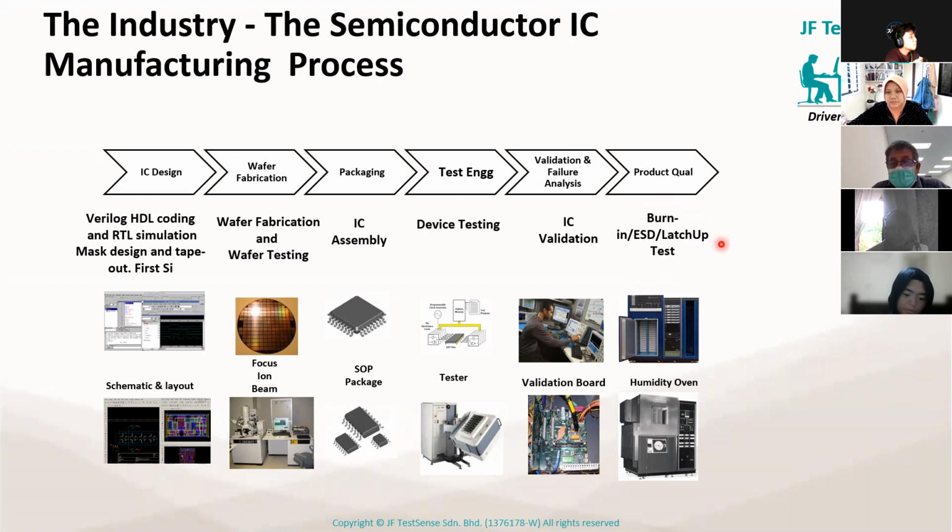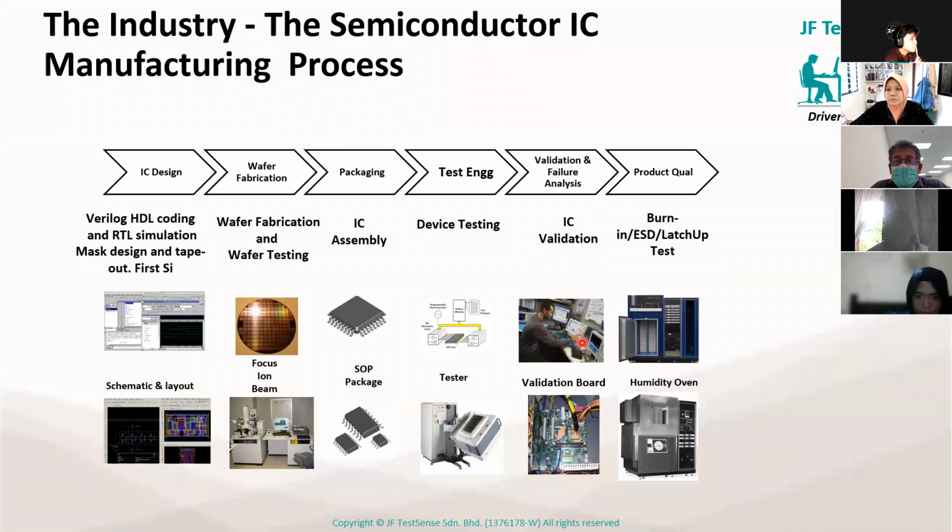Not for 1-2 months. So that's why the company will do an accelerated lifetime check by burning in the parts. They take a sample of the product, they put it into an oven, and they will exercise the IC electrically for maybe 48 hours or 96 hours, depending on the application. And then the IC will be removed from the oven and tested to check whether it's still functional.